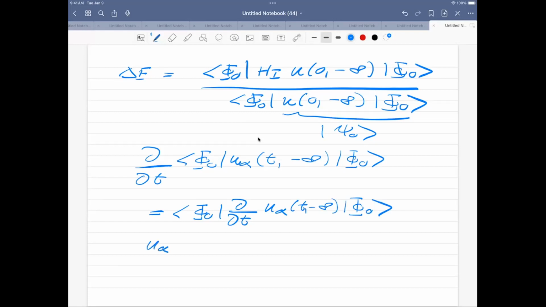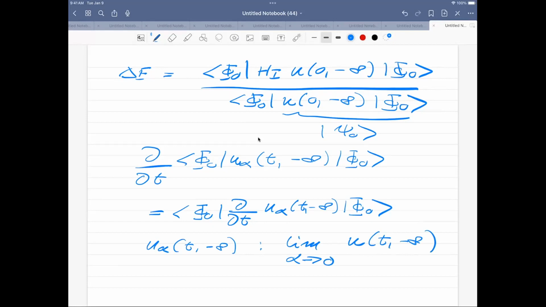So this u of alpha of t minus infinity is something of which we are going to take the limit of alpha goes to 0, giving u of t of minus infinity.